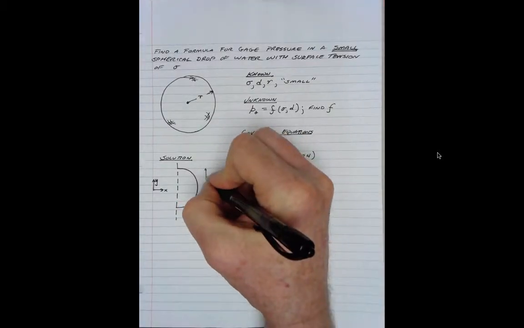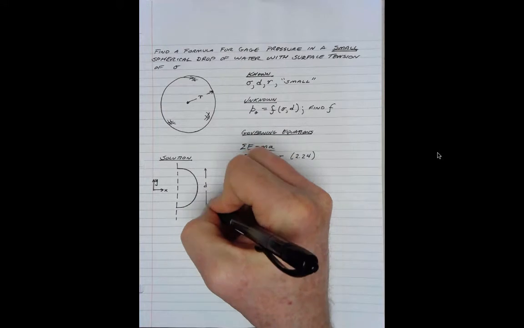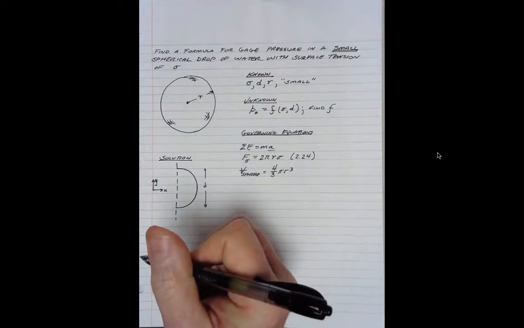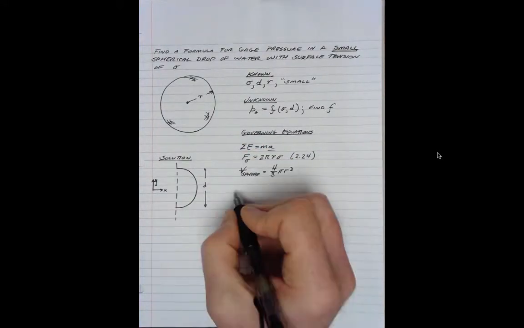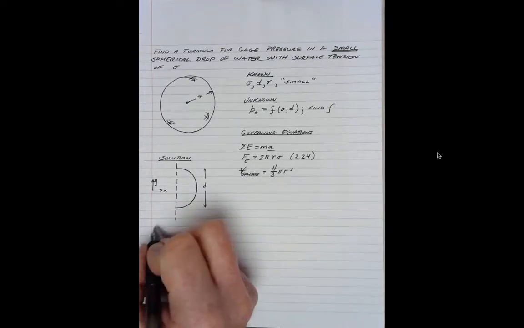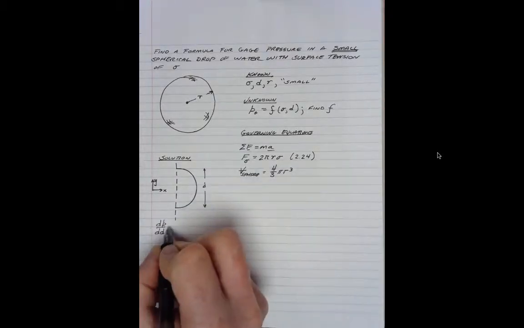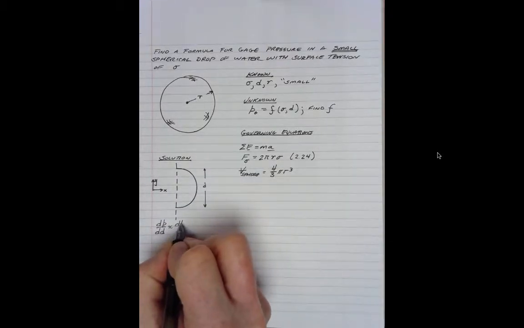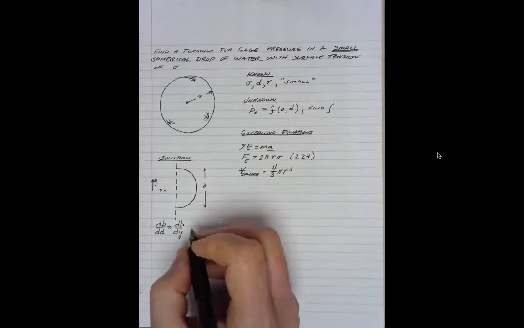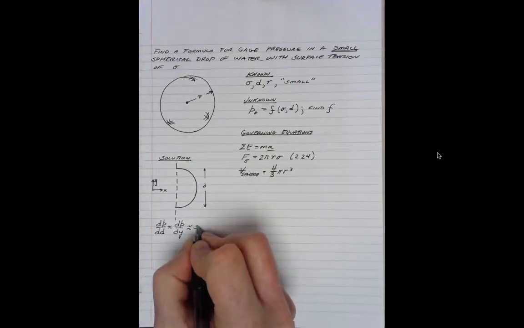And we know that this drop height right here has a diameter of d. Okay, now here comes an important assumption. dp/dy along this axis is small.